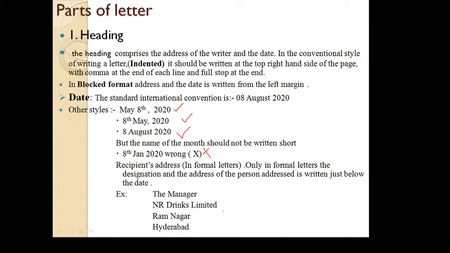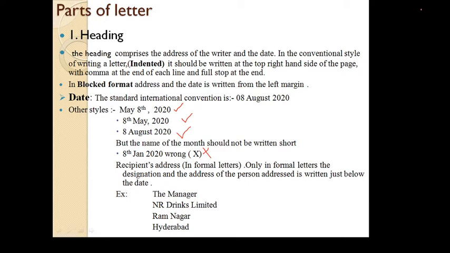So what are the parts of a letter? The heading comprises the address of the writer and the date. In the conventional style of writing, the old style of letter, it should be written at the top right hand side of the page with a comma at the end of each line and a full stop at the end.